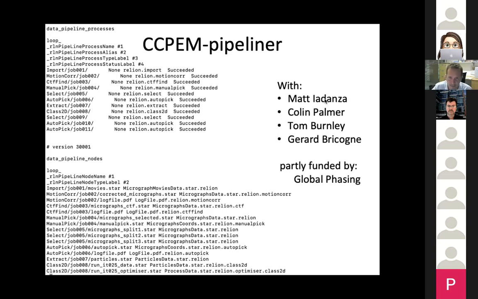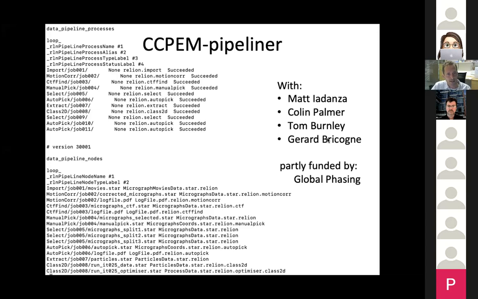And Matt Iadanza, Colin Palmer, and Paul Burnley at the CCPEM team, and especially Matt, who's done all the groundwork here, have come up with an ontology of what would be good names and what would be good hierarchy. And the idea now is that they built on the RELION pipeliner from RELION-4 to make a CCPEM-pipeliner.